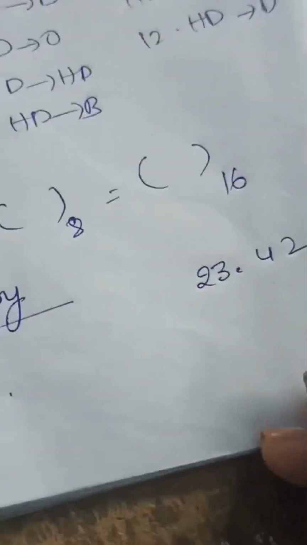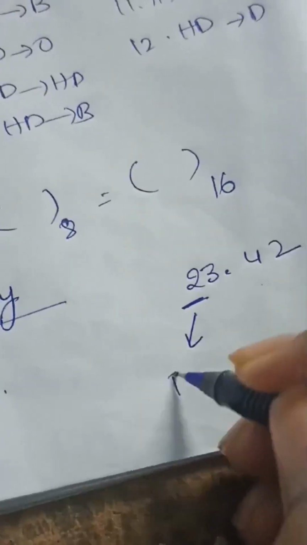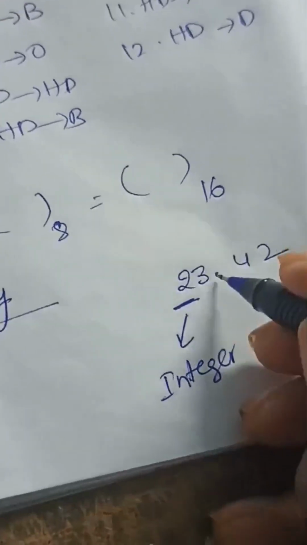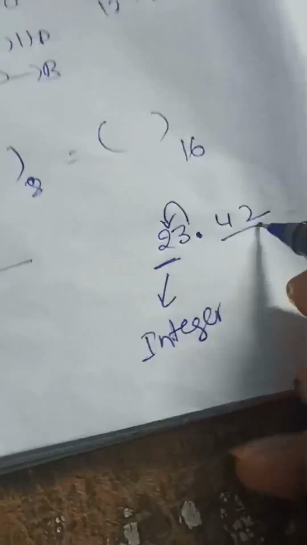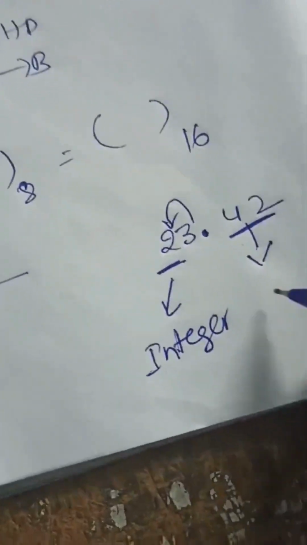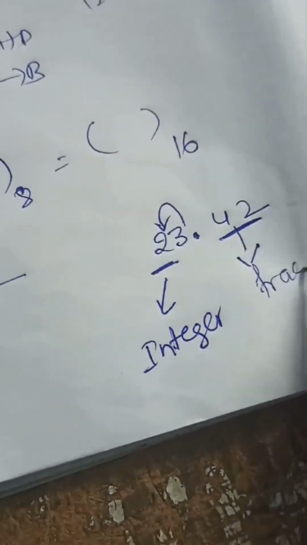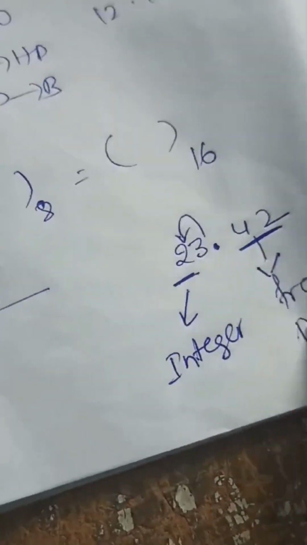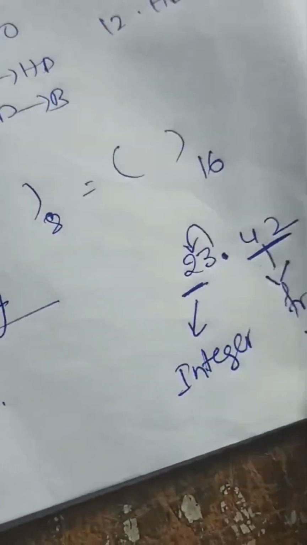Before going to do the LCM, let us remind, this is the integer part. The left side of the point is called the integer part, the right side of the point is called the fractional part.